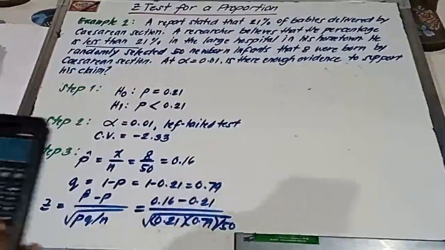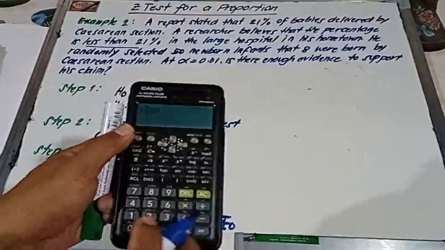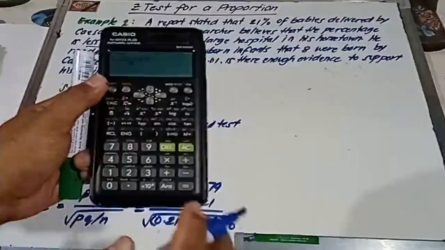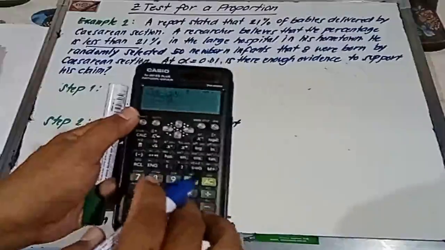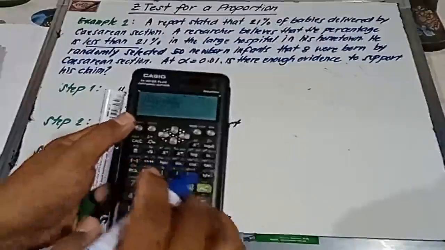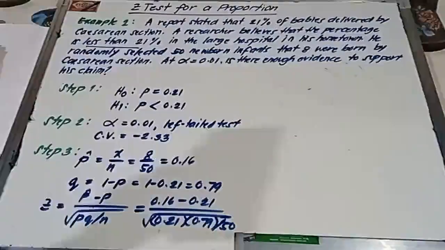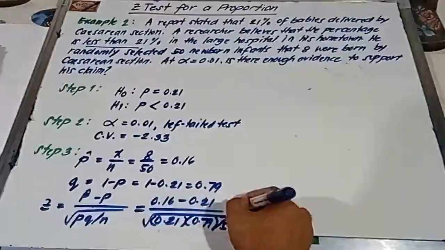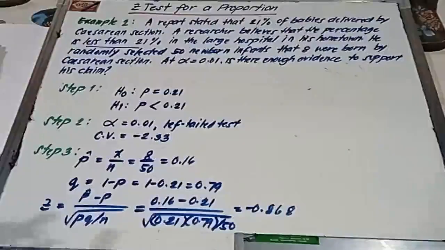Then, gamit ang calculator natin, fraction on top, 0.16 minus 0.21. Sa bottom natin, square root of 0.21 times 0.79 divided by 50. Then we have negative 0.868. Negative 0.868.